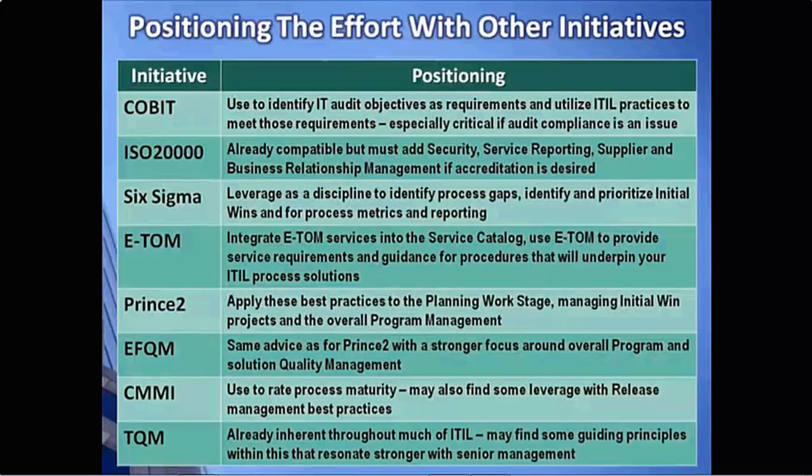Examples of other initiatives that may be going on out there may be standards implementation or other types of improvement efforts. Again, in the initiative column, these are just some examples that you may discover. There might be a COBIT effort or maybe an ISO 20000 certification effort going on. Maybe a PRINCE2 or PMI effort or TQM or CMMI.